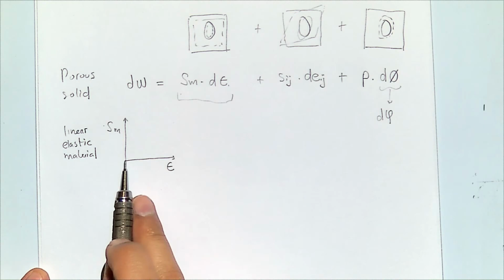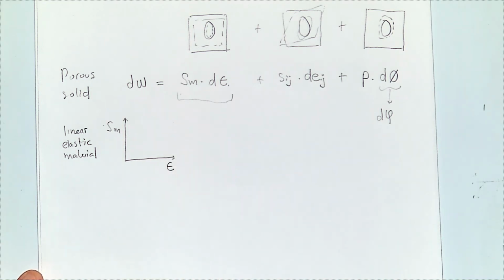What is the relationship between mean stress and volumetric strain? Are those linearly related, or with a quadratic function, or with an exponential function for a linear elastic material? Linear, right?